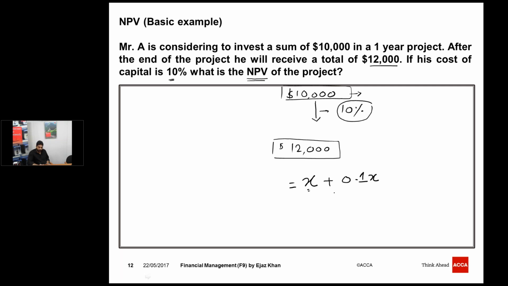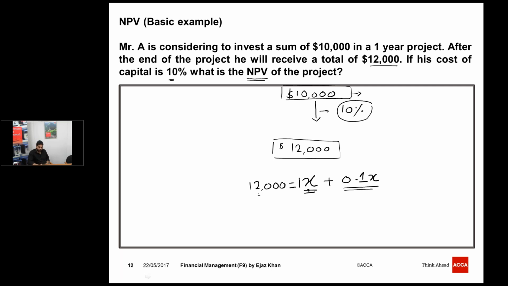So what we want is the principal plus 10% of the principal to be equal to $12,000. If he invests X dollars and wants 10% of X, the sum of these two should be equal to $12,000.